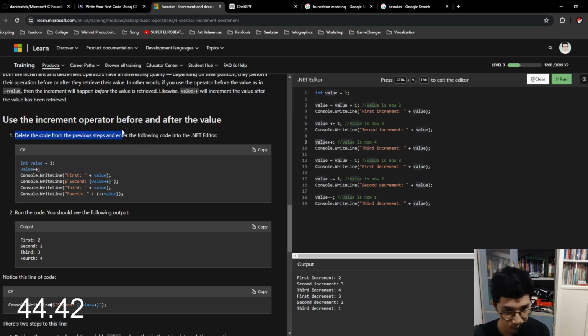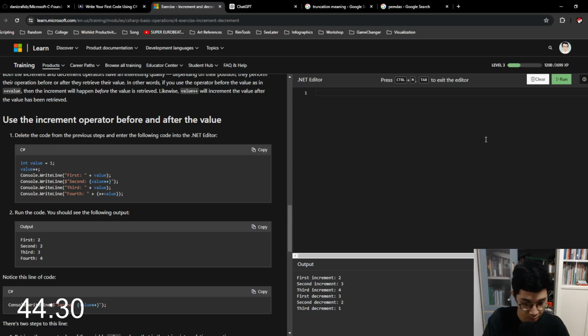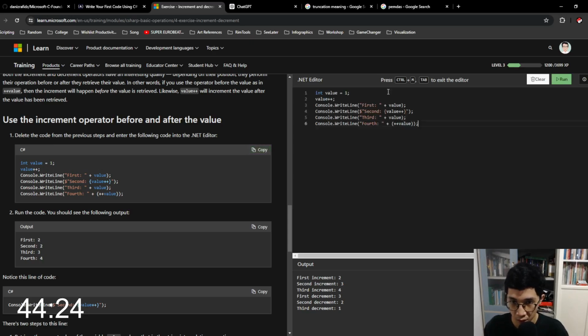Delete the code, okay, and we can just copy this. I have a type but a lot, so integer value plus 1, value plus.